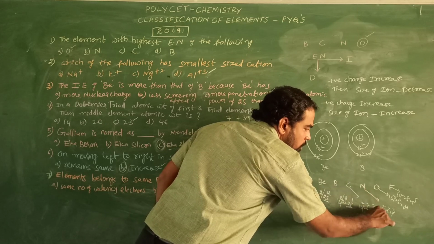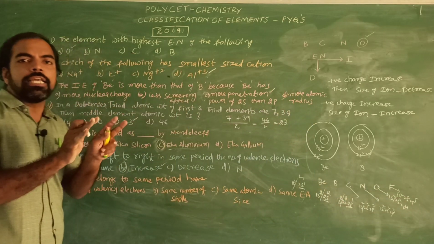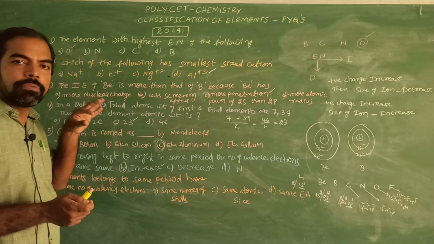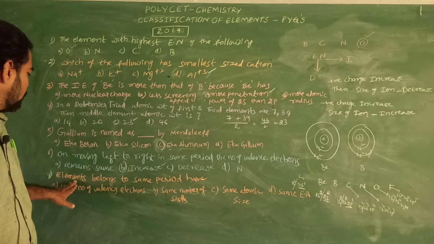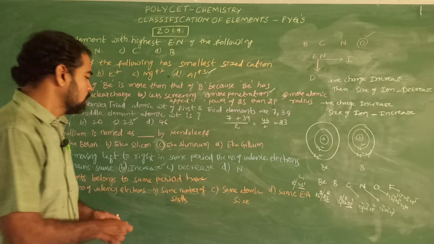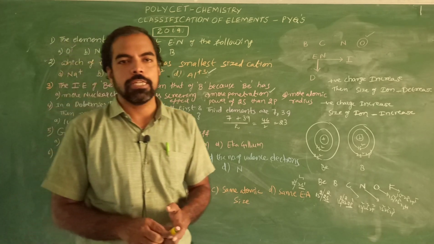The shell remains the same, that means same number of shells, but the electrons increase. So elements belonging to the same period have the same number of shells.